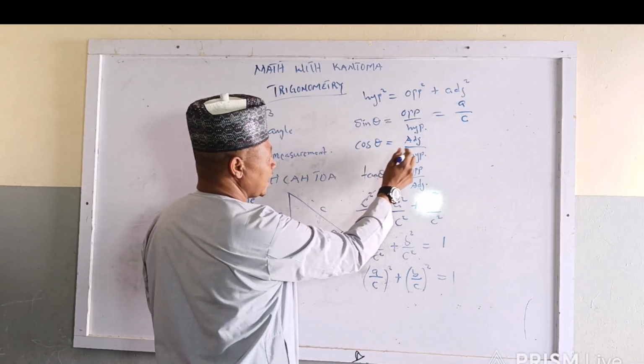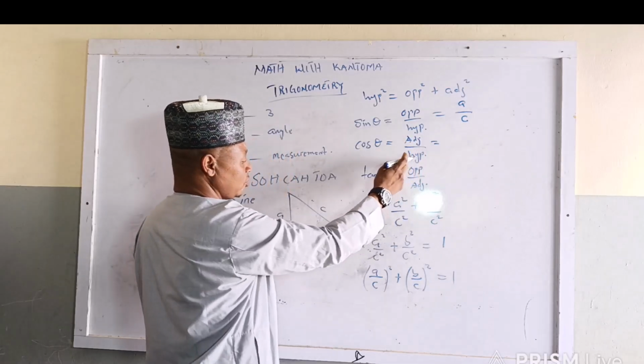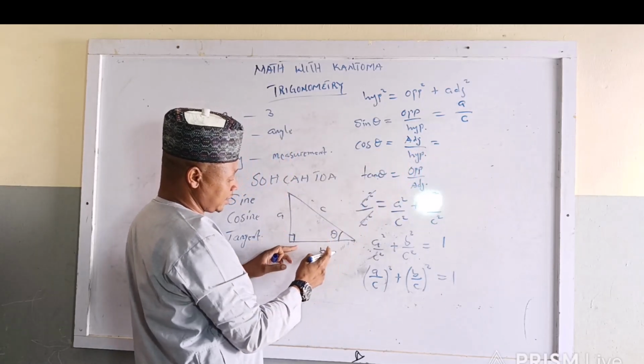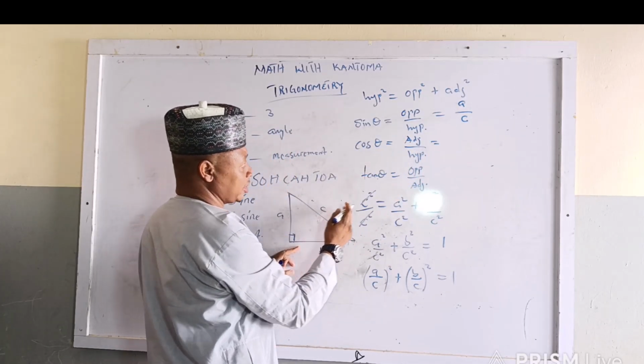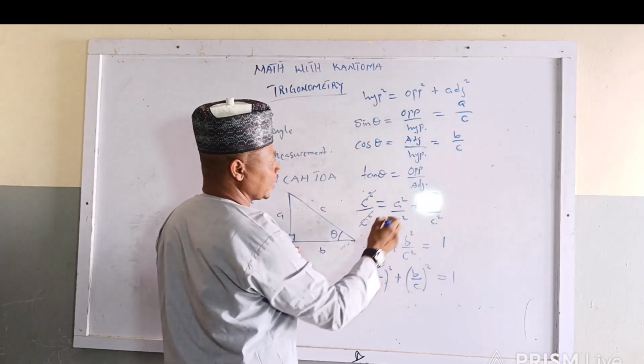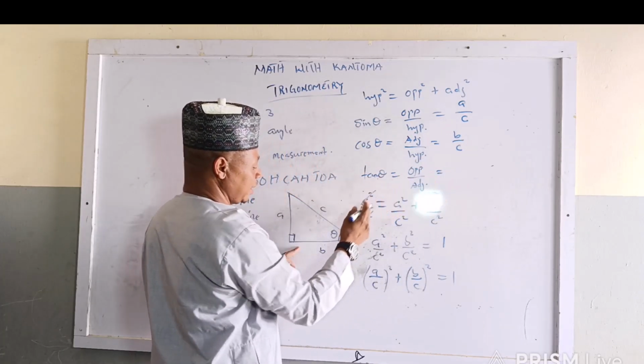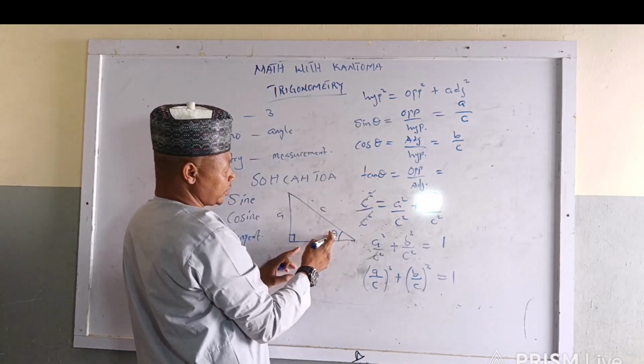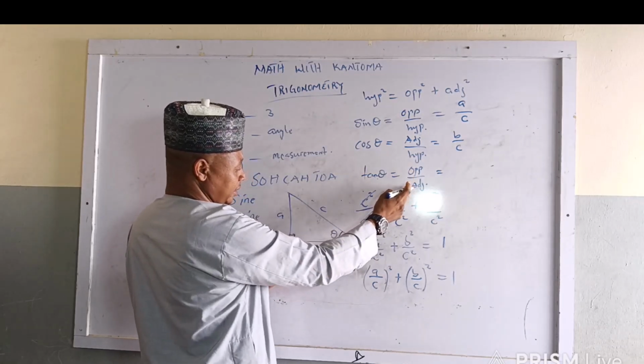Likewise, cos theta, by definition, is adjacent over hypotenuse. This is my adjacent, this is my hypotenuse, which is B over C. The same goes for tan theta. Tan of this angle is opposite over adjacent.